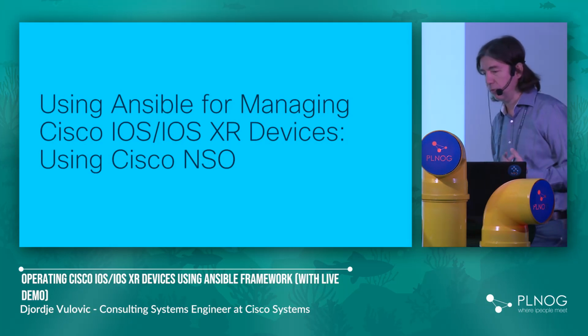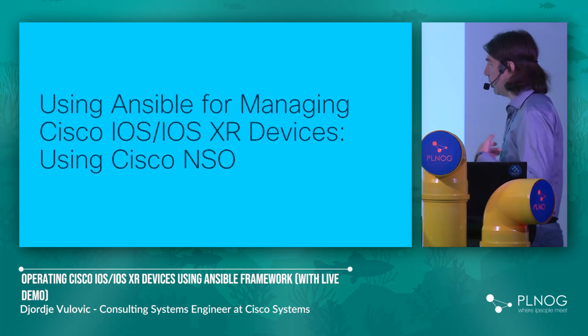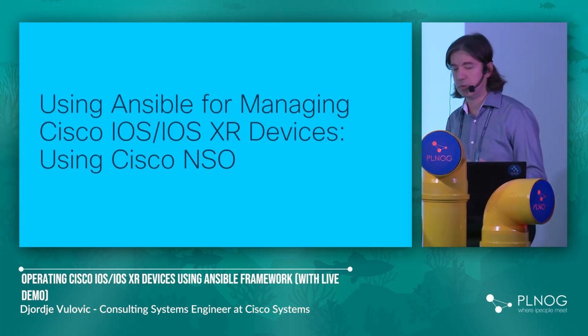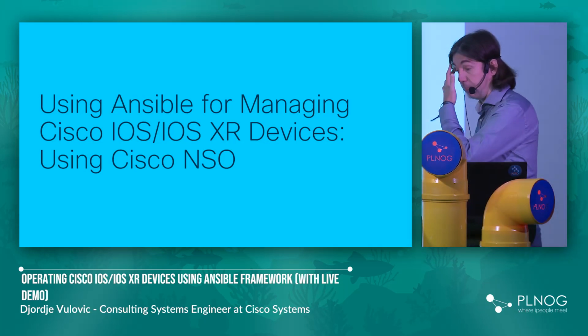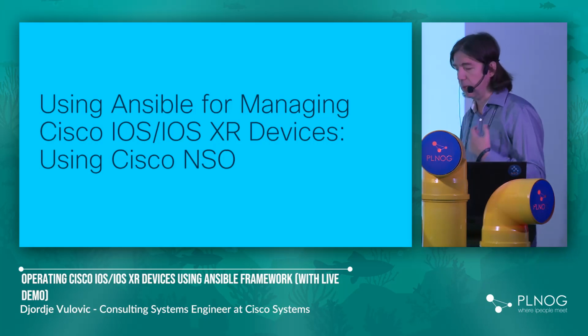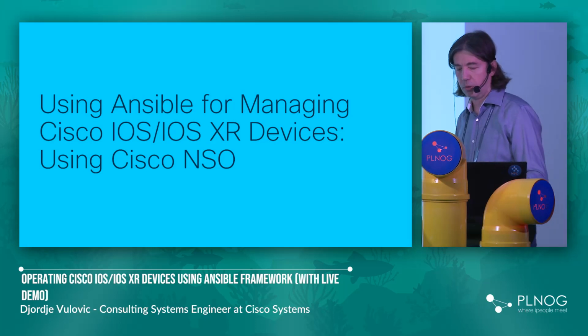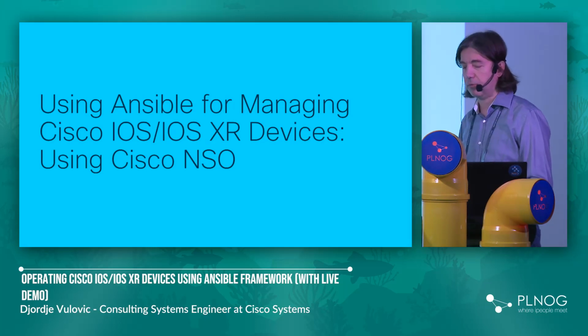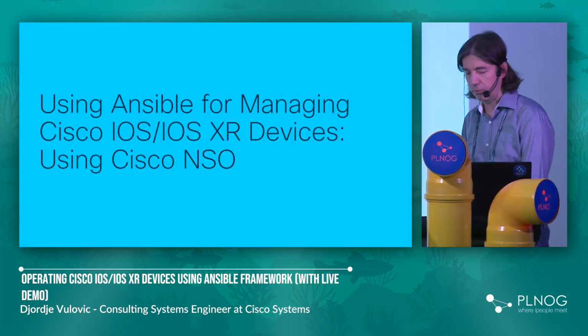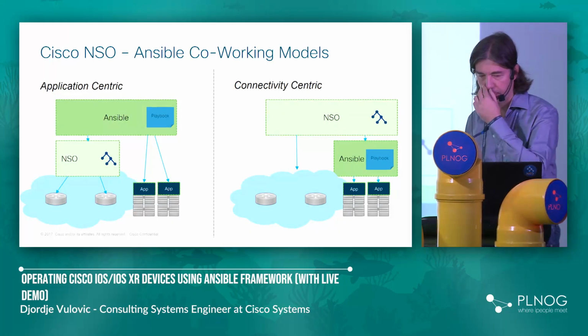I don't know how many of you have heard about Cisco NSO, Cisco Network Services Orchestrator. This is a platform that we use for the management and provisioning of network devices in a multi-vendor environment. So not only for Cisco, pretty much for anything.